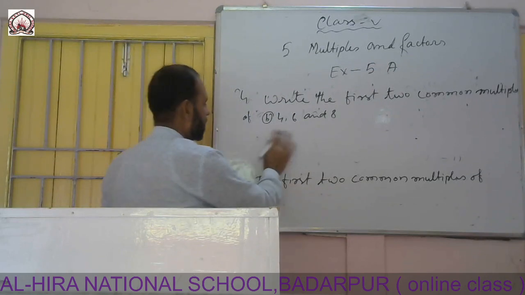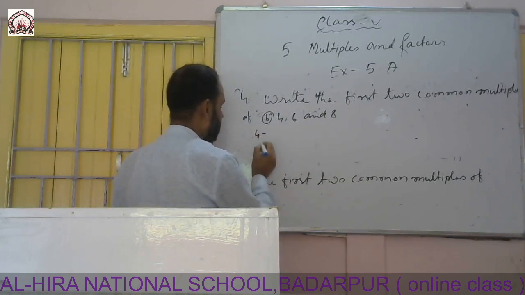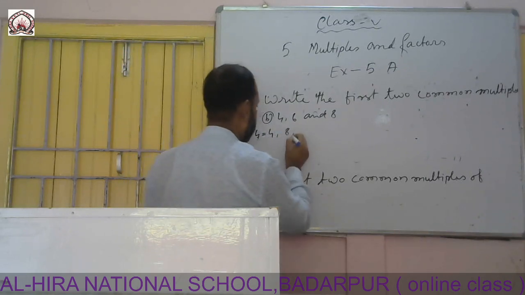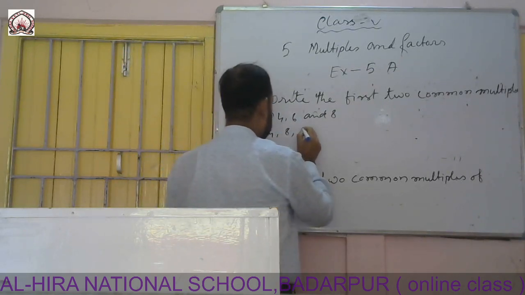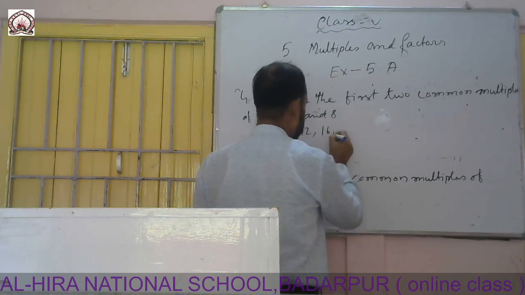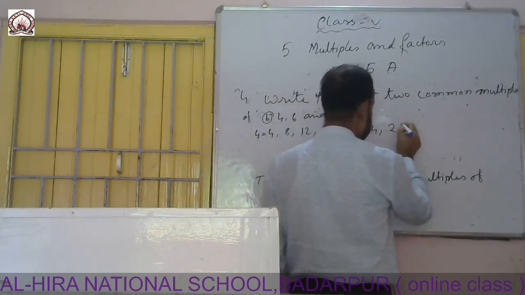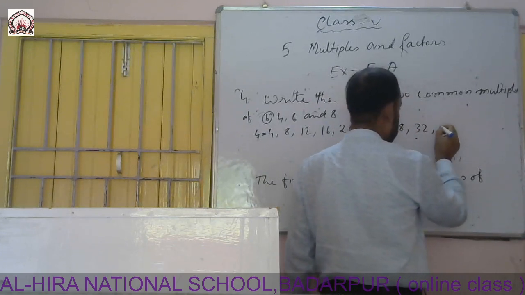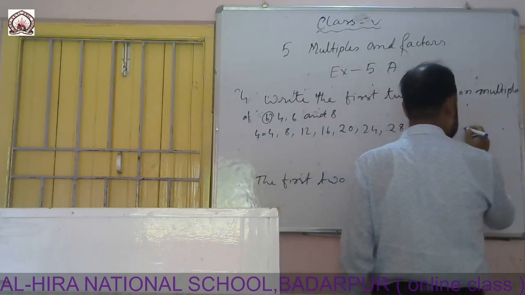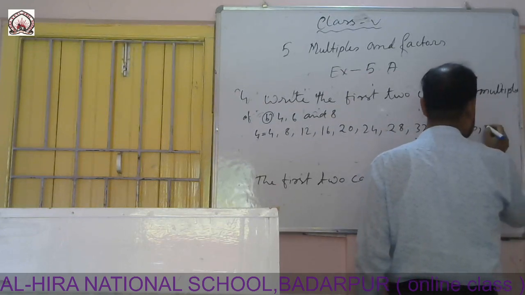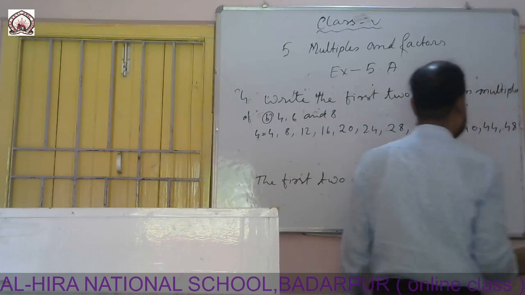We write the multiples of 4. 4 ones are 4, 8, 12, 16, 20, 24, 28, 32, 36, 40, 44, 48.